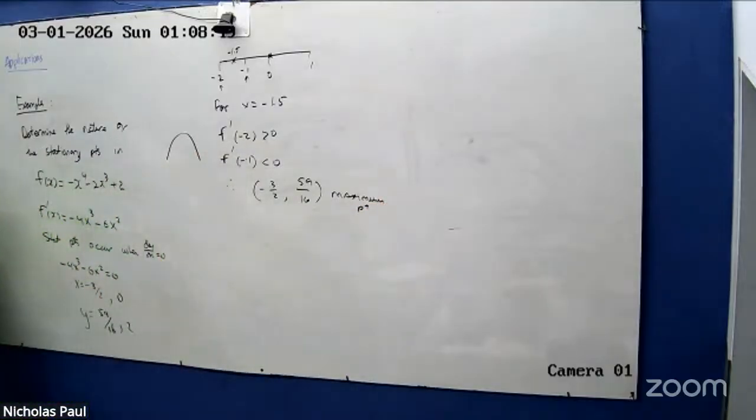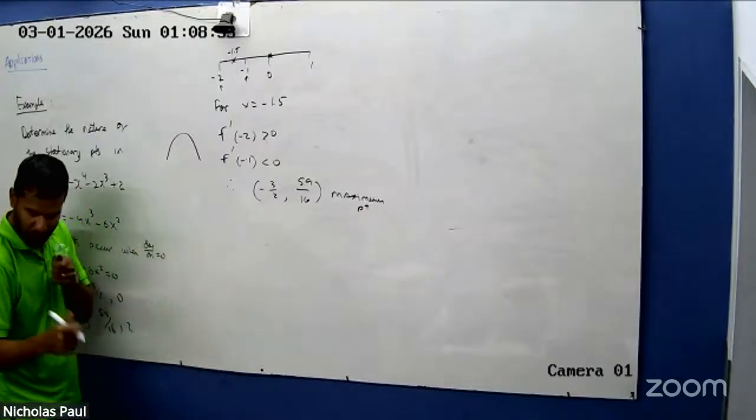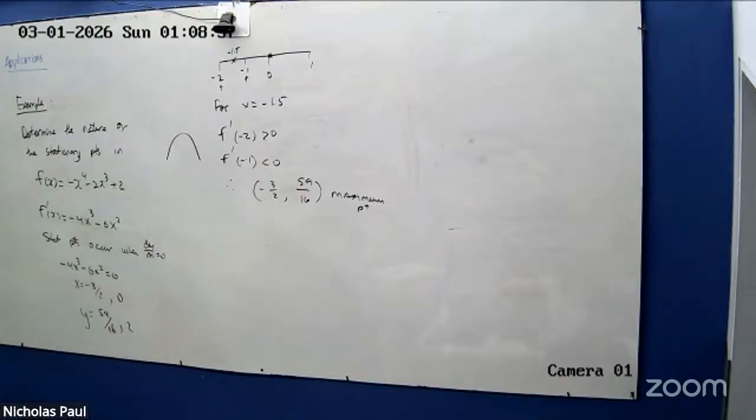Right? You okay with that? Oh, you have to do the last part first. Check and see if this is a max or an inflection. 0. And do a small sketch.